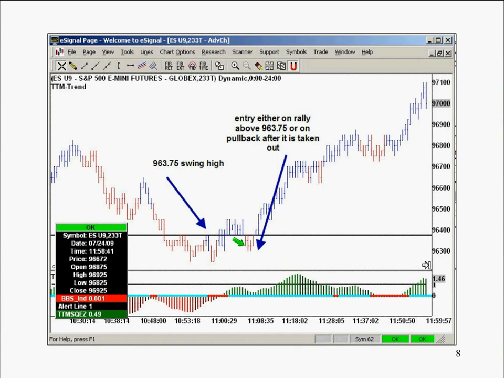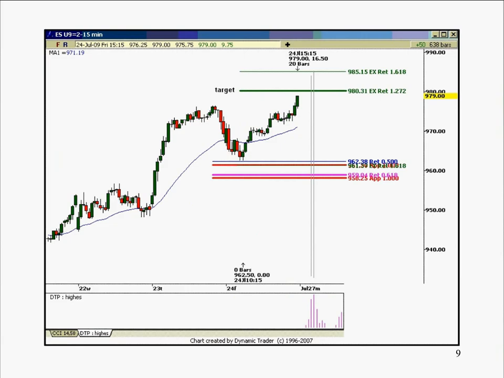So that's an example of the trade that we had yesterday. And let's say, for example, if you took the first trigger, you would be in at 964. Or maybe it came in at 964.25 because you stopped yourself in, that type of thing, or you used a market order.